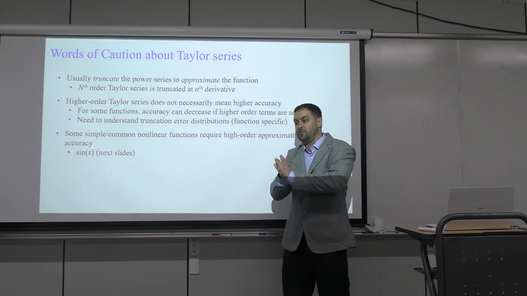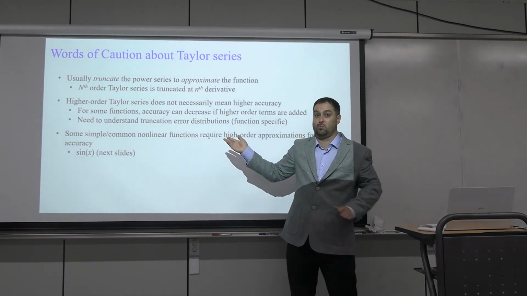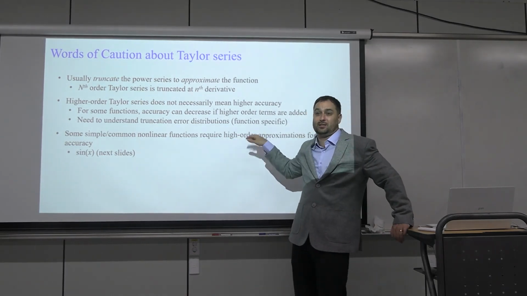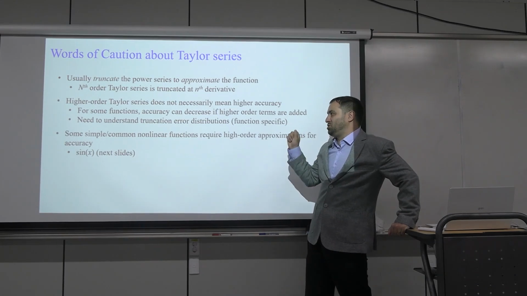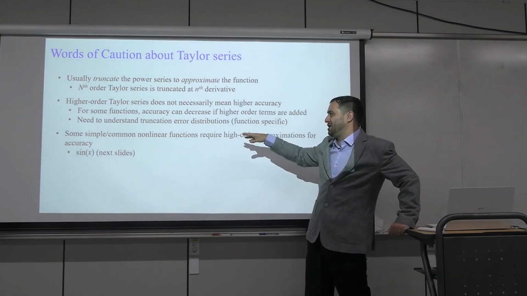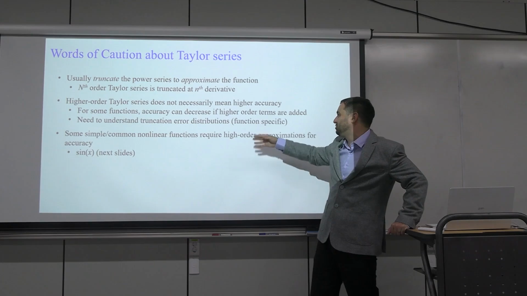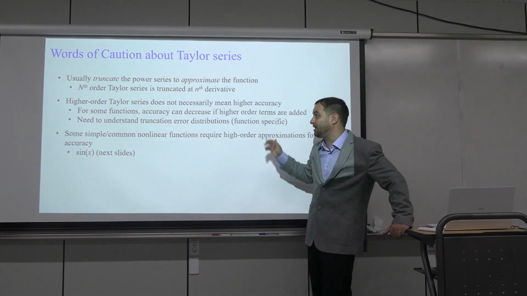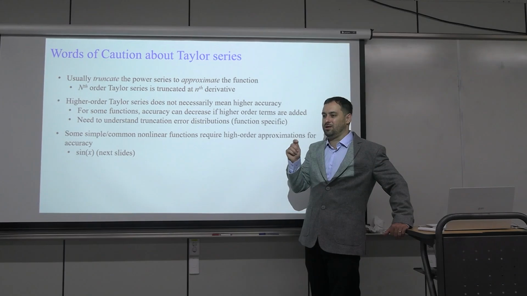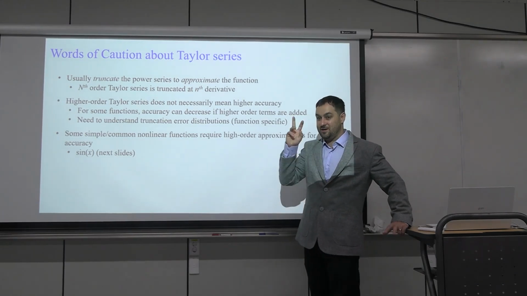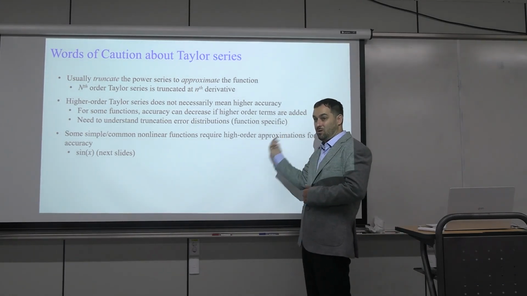It's accurate in one region, but then has a huge error somewhere else. I'll show a practical example in a few slides later. This is where you need to understand what are called truncation error distributions, which are function specific. Sometimes a low order polynomial is a much better fit than a higher order polynomial.